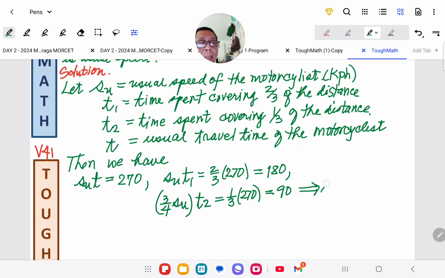Therefore, S_u T sub 2 is equal to 360 divided by 3 equals 120. By the way, this is kilometers, because this is distance. This also is kilometers.